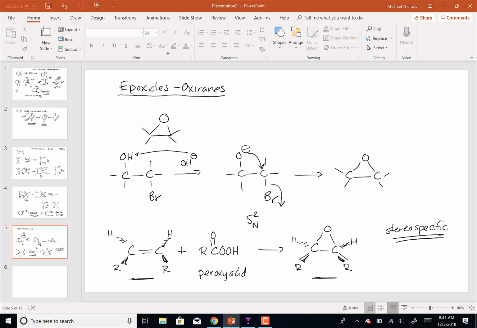So in other words, when it's cis, the product is cis, but if I change this reactant to trans, the product is going to be trans. So the specificity means that if you change the stereochemistry of the reactant, you'll get a different product. And so this is our example of a stereospecific reaction.